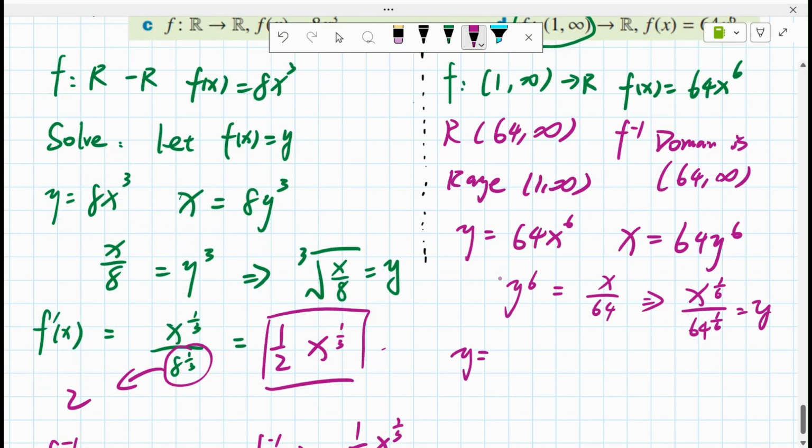So y equals half x to the power of 1/6, because 2 to the power of 6 equals 64.